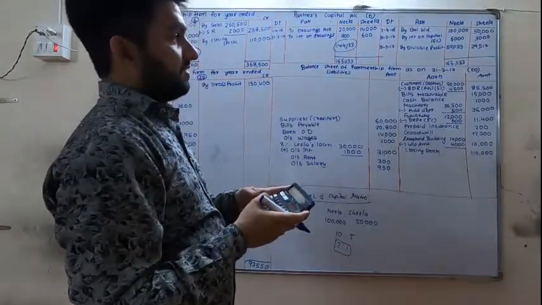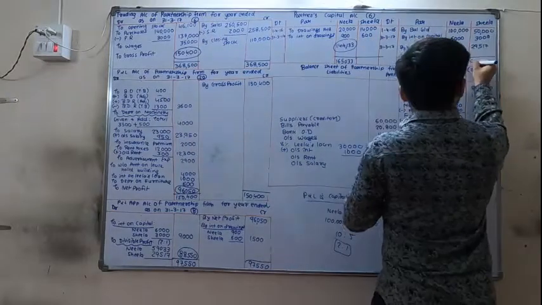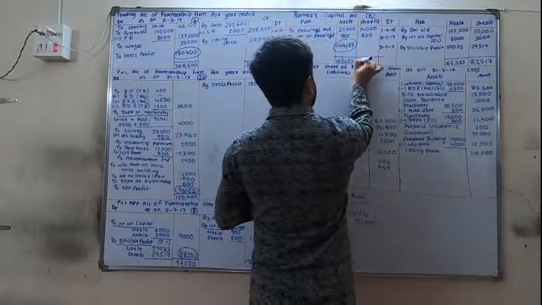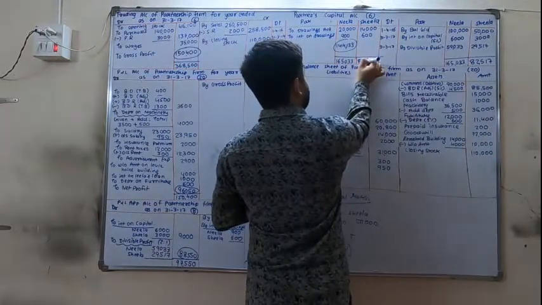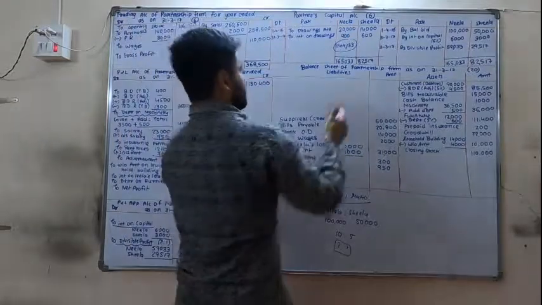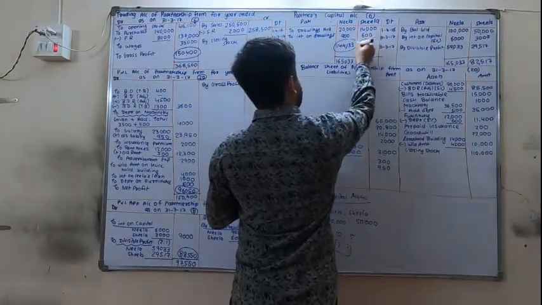Now 50,000, 3,000 and 29,517 is 82,517. 82,517 minus 14,000 and minus 600 is 67,917.